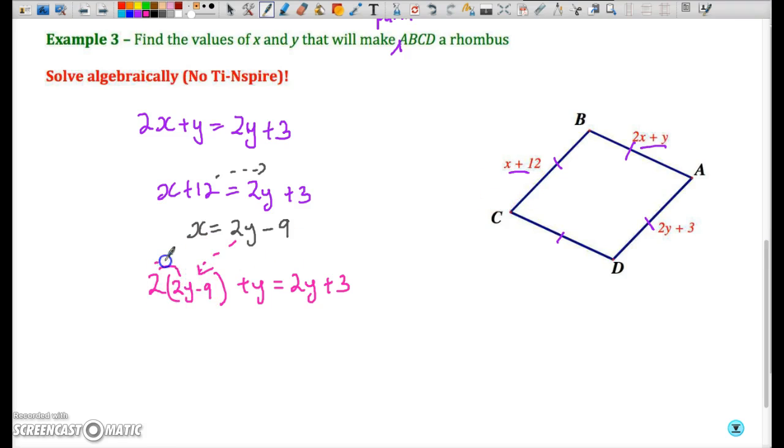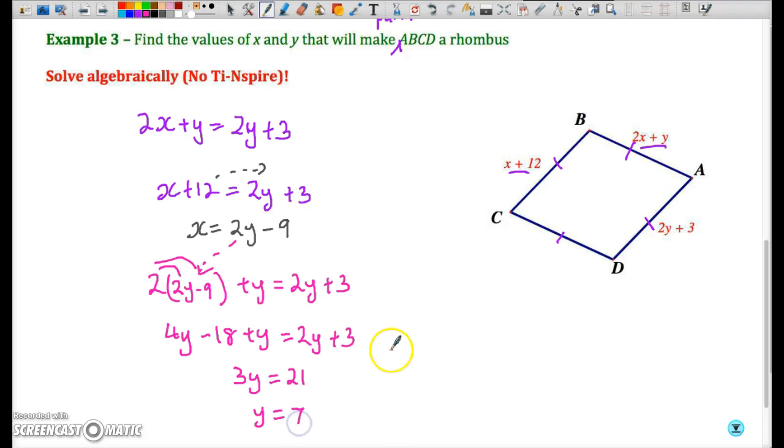And so I'm going to just clean this up now. So I'm going to get 4y, 2 times minus 9 is of course minus 18, plus y equals 2y plus 3. Move all the y's to the left hand side, so 4y plus 1 is 5, minus these 2 leaves us with 3y. On the right hand side we have 3 plus 18, which is going to be 21, and that allows us to solve for y equals 7.